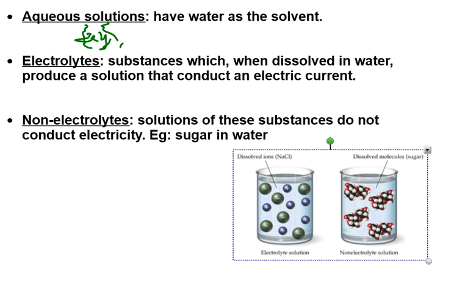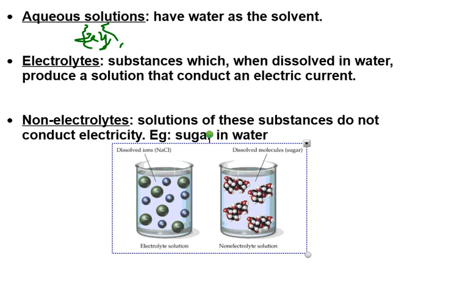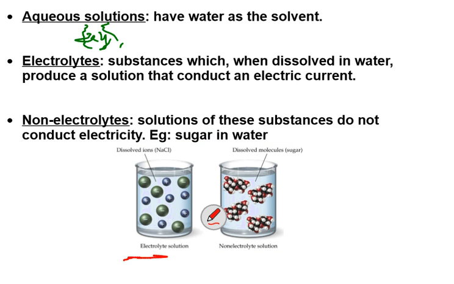If you take a look at this picture in a little bit more detail, in the first example of the electrolyte solution, you can see that the sodium chloride ions are dissolved in water, and when they're dissolved in water, they're actually separate. So I've got negative ions here and positive ions there.